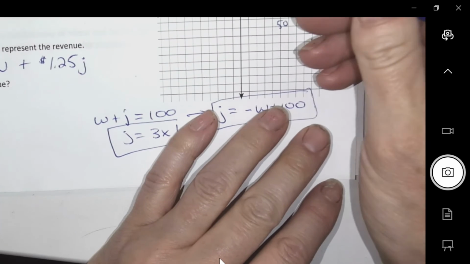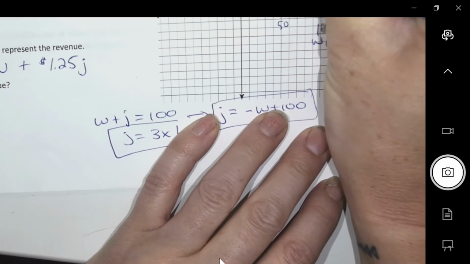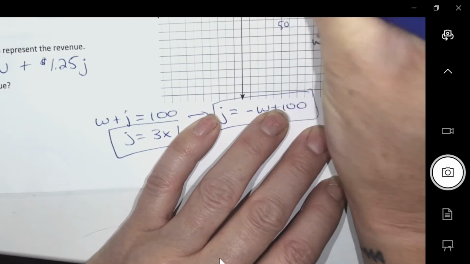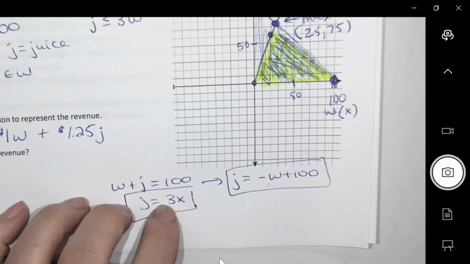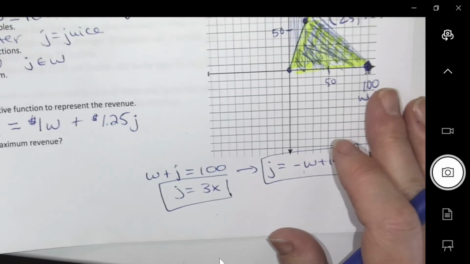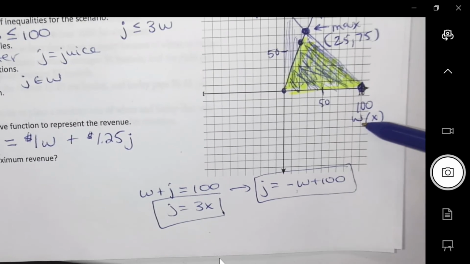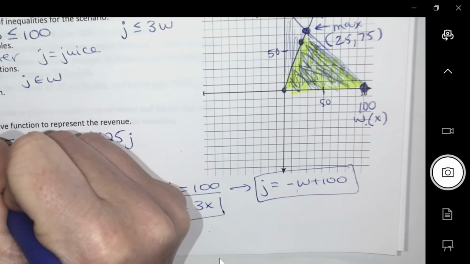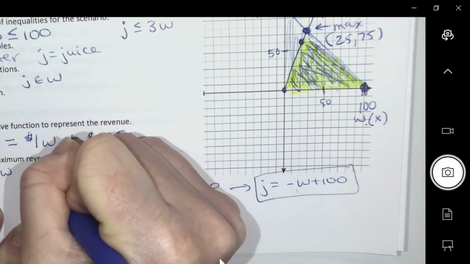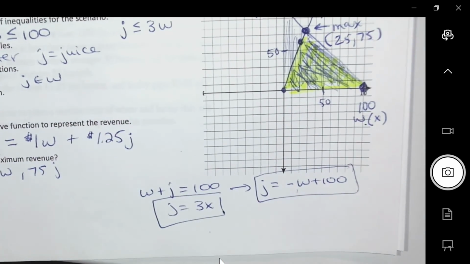So that's our intersection. So 25 w and 75 juice. That is what's going to get us the largest revenue.